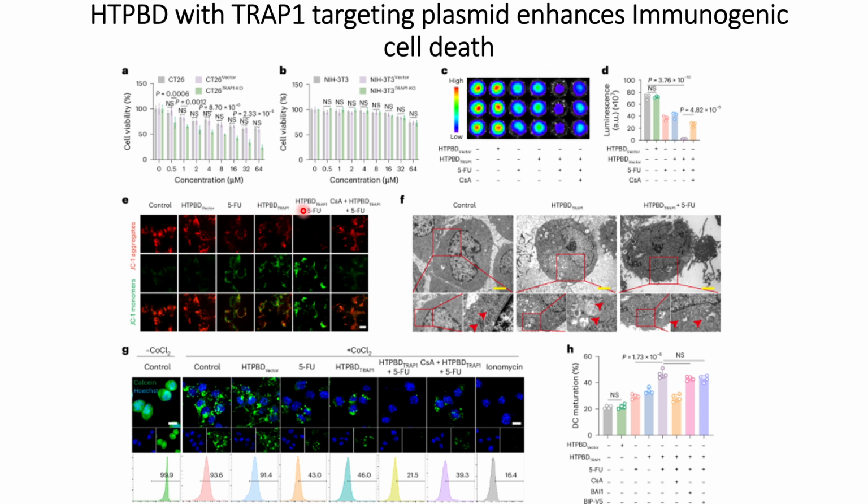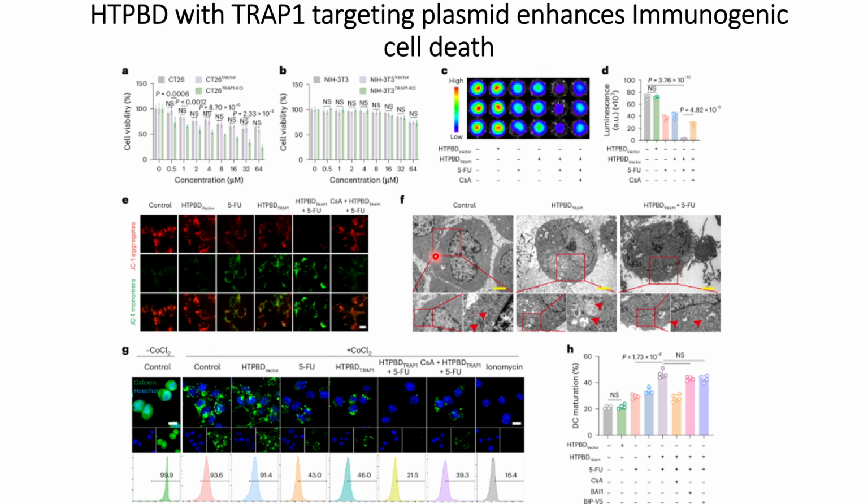But when they use HTPBD TRAP1 plus 5FU, they see almost negligible signals for the JC1 aggregates and high intensity signals for the JC1 monomers. When they use CSA, they see suppression of the effect of HTPBD TRAP1 plus 5FU, and they can see some JC1 aggregates, healthy mitochondria, and a decrease in the JC1 monomers.